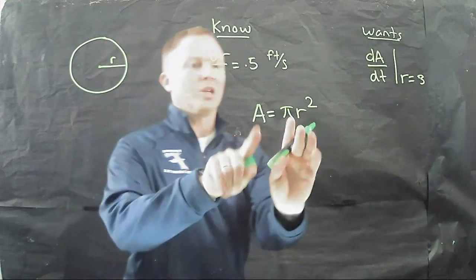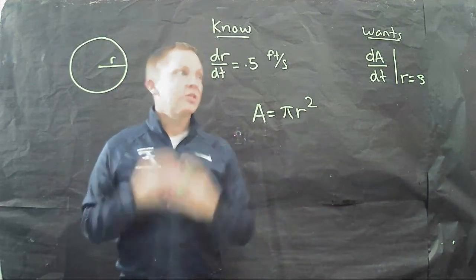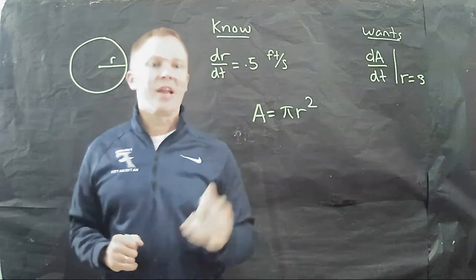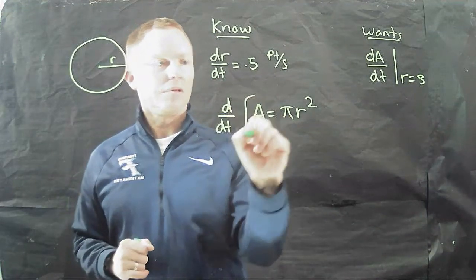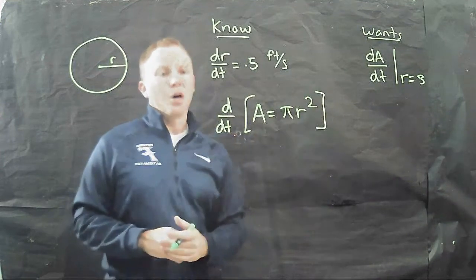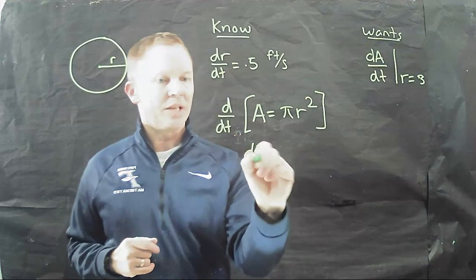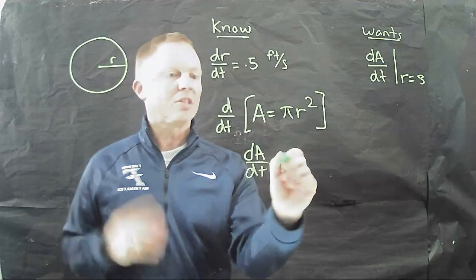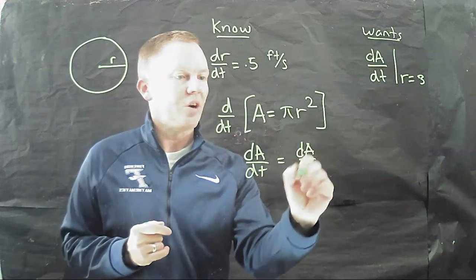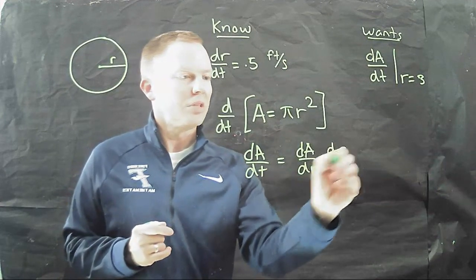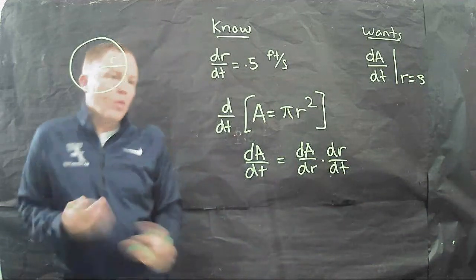So here's a relationship between A and r. Next step is differentiate that equation with respect to t. In this case, the derivative of A with respect to t is just dA/dt. And if we were writing this using the chain rule, dA/dt would be equal to dA/dr times dr/dt.